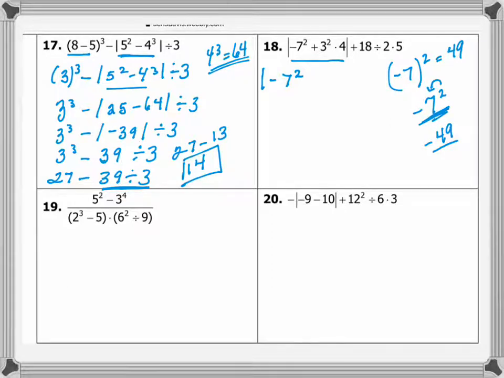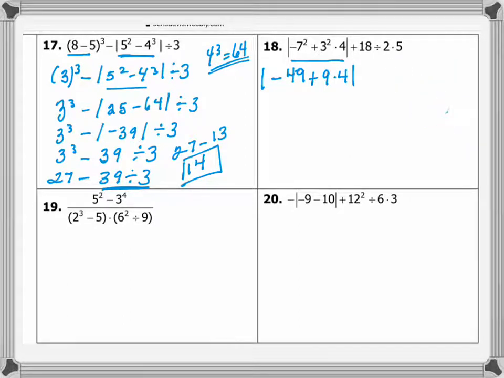So, okay, let's go back and put what that is. So negative 7 squared is negative 49, plus 3 squared is 9 times 4. All that's in the absolute value. Okay, and then let's keep going. Plus 18 divided by 2 times 5. Okay, so negative 49, we're doing inside the absolute value, plus 9 times 4. We have to do the 9 times 4 first.